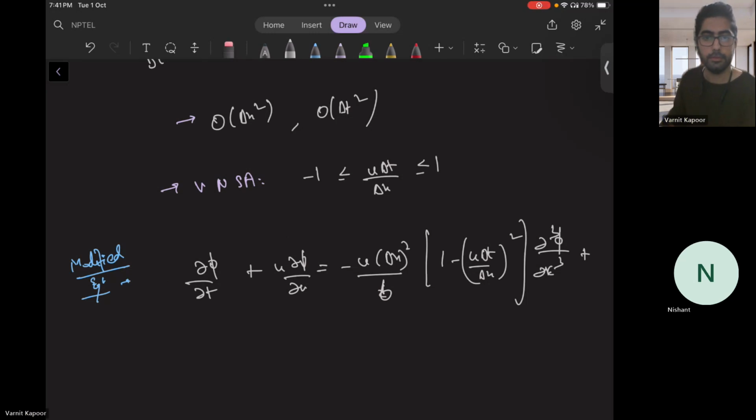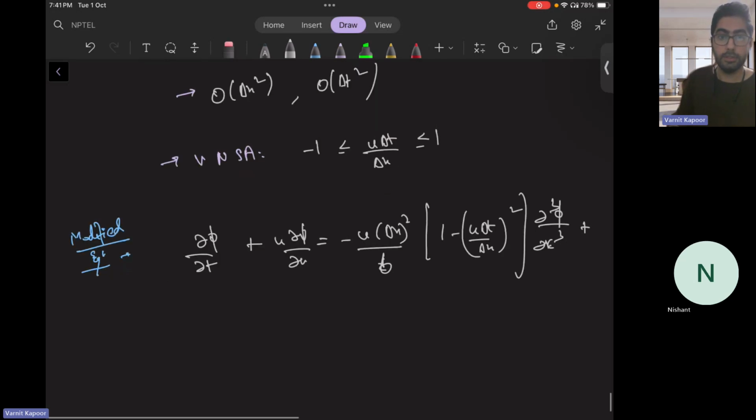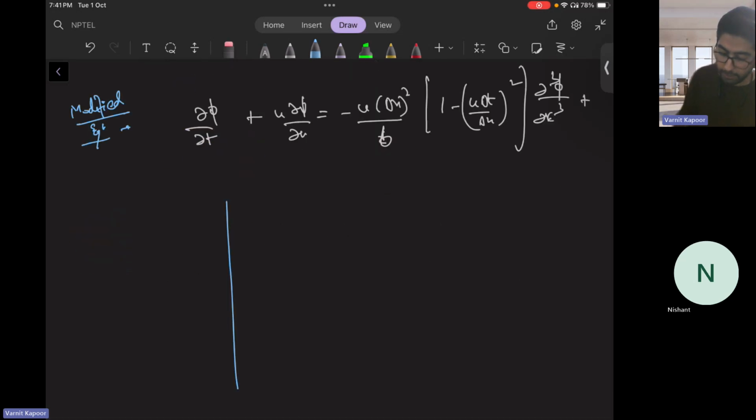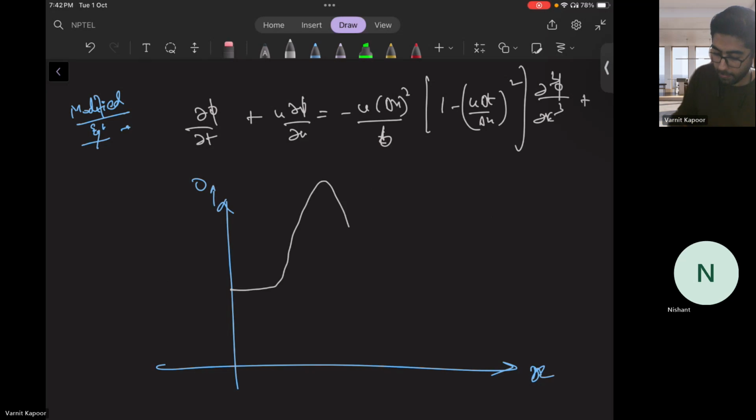Okay. Right. So now this scheme can be used, where earlier it was not even usable. If I plot, this was your exact. This is exact. So some wiggle will happen here.